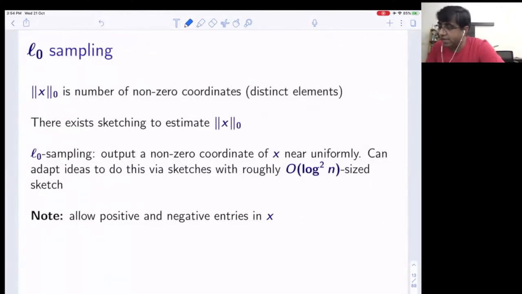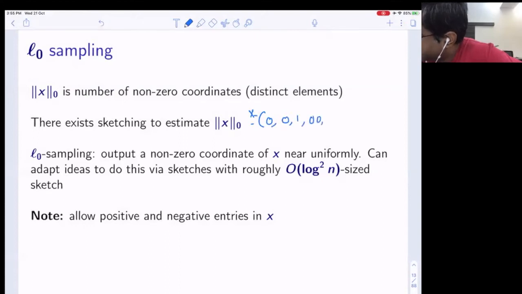What we will do today is something called L0 sampling. We would like to output a non-zero coordinate of x near uniformly. What is the meaning of that? I would like to output one of the coordinates which is non-zero, roughly uniformly at random. Suppose I have a vector x with some coordinates 0, 0, 3, 0, 0, 5, something.